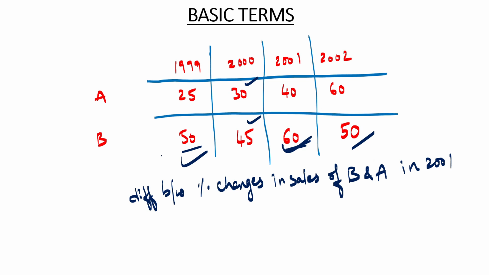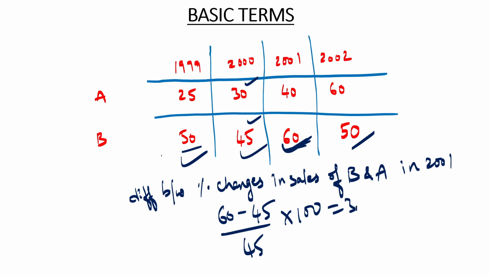Now calculate the difference between percentage changes in sales of both company B and A in 2001. To calculate the difference between percentage changes, we must calculate the individual percentage changes in 2001. As I told you previously, in order to calculate percentage change of a particular year, you must take the previous year's value as a reference point. So percentage change in sales of company B in 2001 is 60 minus 45 by the base value, that is 45, into 100.